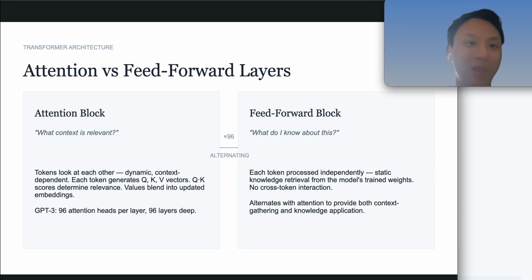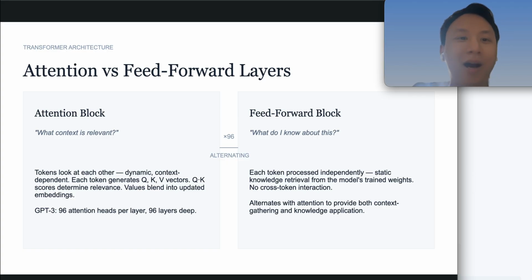Now, again, we're going to describe in the transformer network that you actually have this back and forth between paying attention to what you have and doing those computations, and also going back and trying to, with the knowledge that's been trained on, understand what's going on.